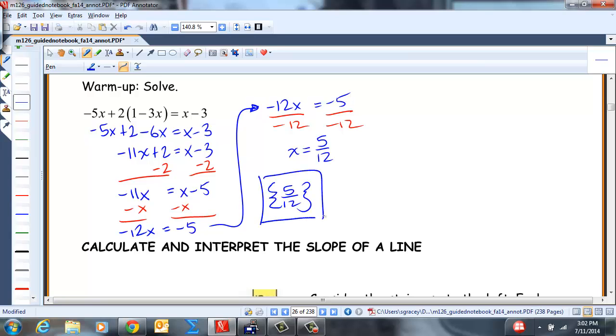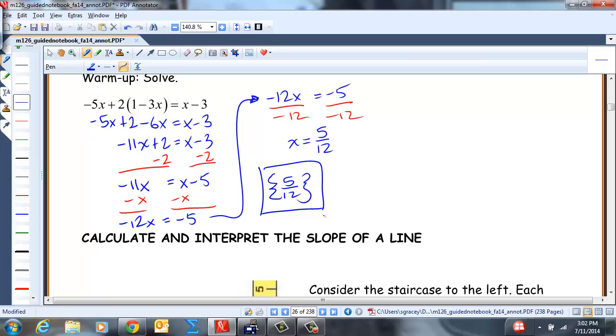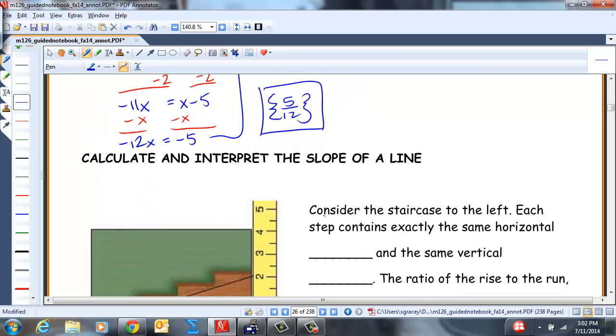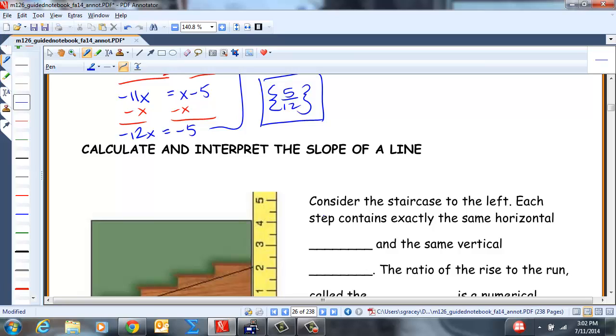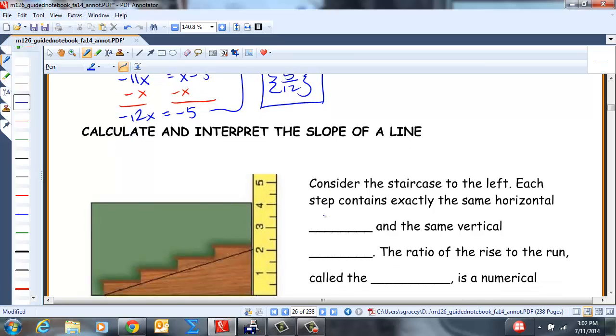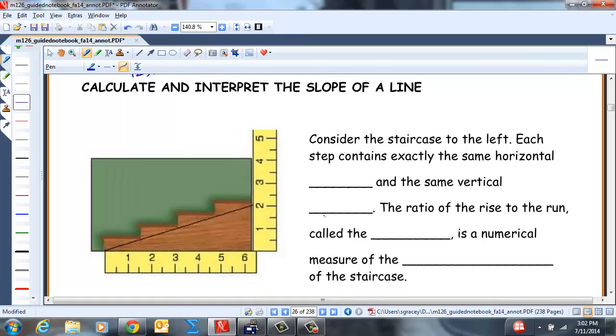Let's see what the rest of the lesson holds for us. First part is reviewing slope. So I brought in a picture of a little staircase here to give us an idea. You see that line right there that represents the slope of the staircase.